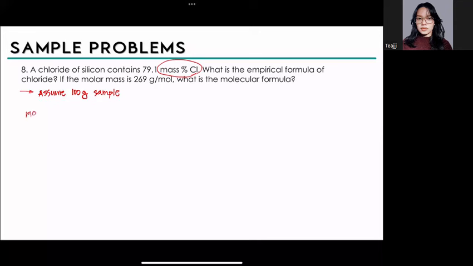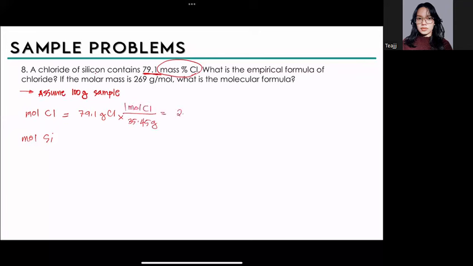So, we have moles of chlorine and moles of silicon. We've already made the assumption, right? So, out of 100 grams, 79.1 grams will be chlorine. Let's convert that into moles of chlorine. So that's 35.45 grams per 1 mole of chlorine.